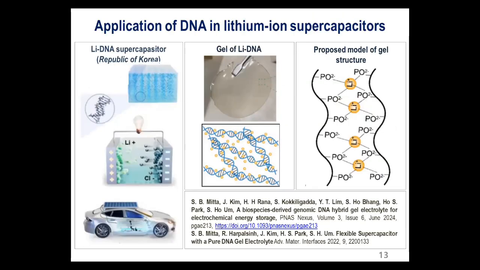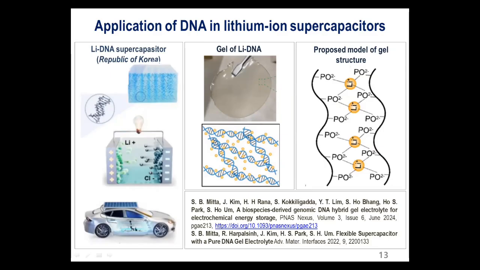But what can we say about real experiment and real application? Real application is very interesting if we are talking about DNA batteries. Here you can see these figures from publications of scientists from South Korea, where they constructed a supercapacitor.